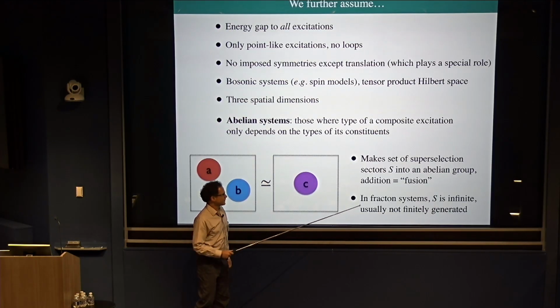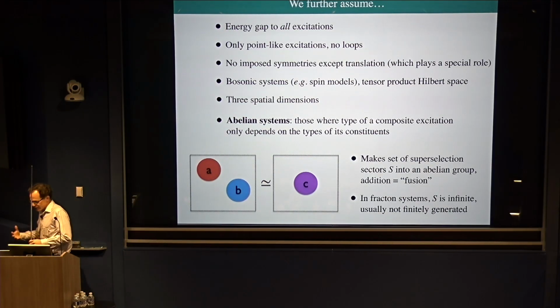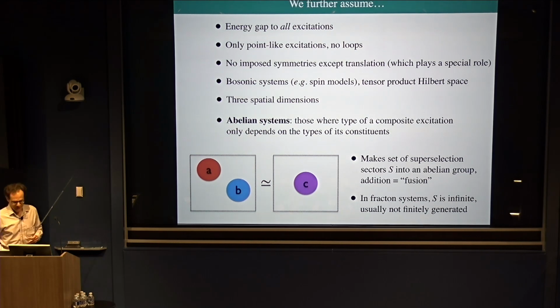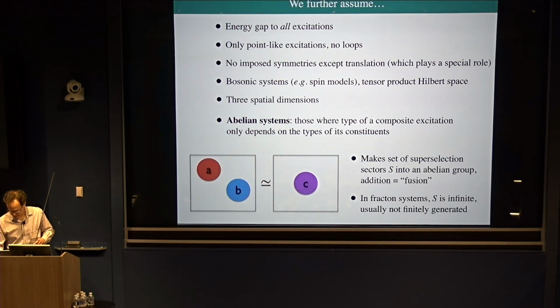And the addition is what we call fusion. And in fracton systems, in contrast to anyon systems, this abelian group is infinite, and usually it's not even finitely generated. So it's a very big object. And we'll get to some more description of that later. Yes, I'm always on an infinite lattice. Thanks for asking.